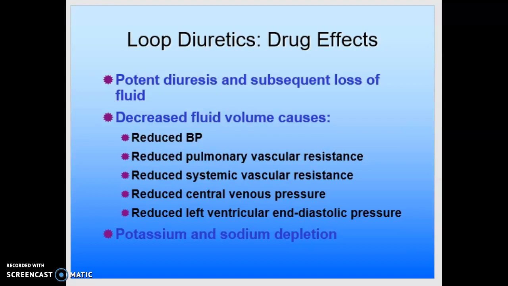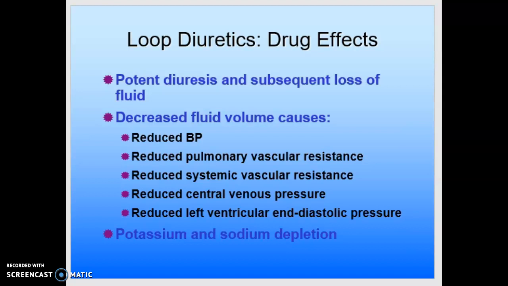So because large doses of these can abolish the osmotic gradient, you'll see a very rapid diuresis. And the kidney sometimes will be unable to handle this, so it's really important that we're monitoring intake and output on these folks.